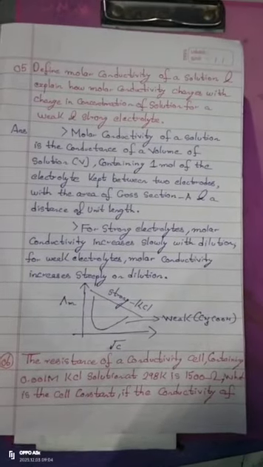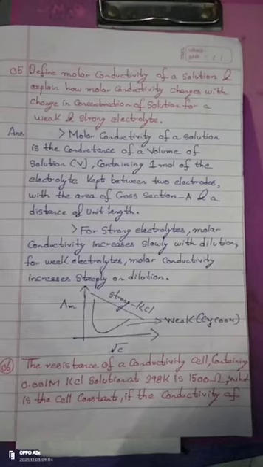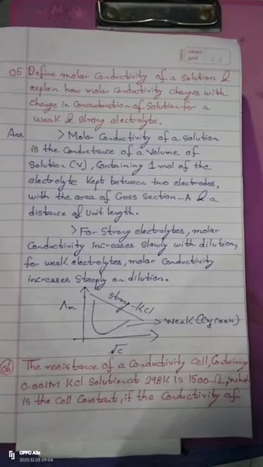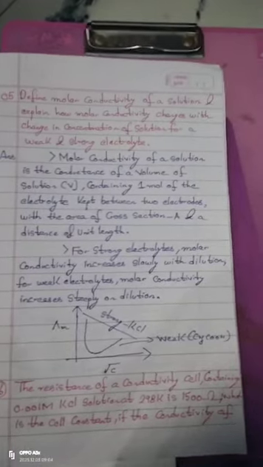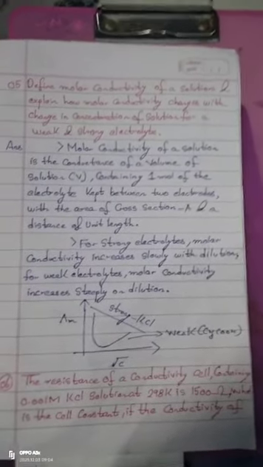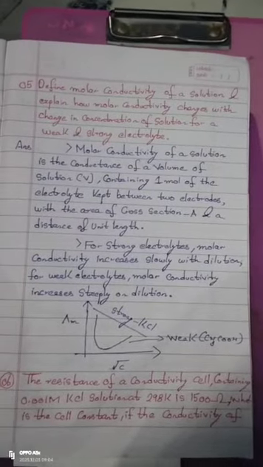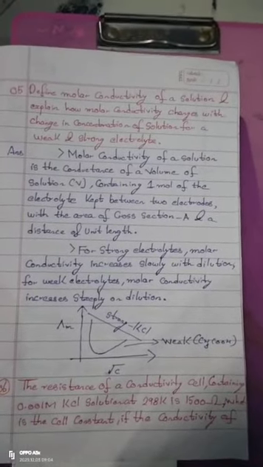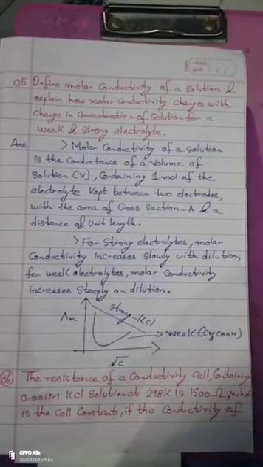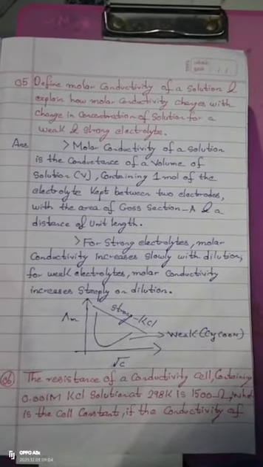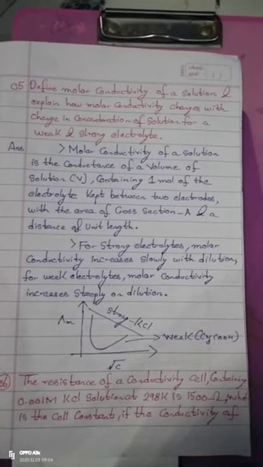Next, question number 6. The resistance of a conductivity cell containing 0.001 molar KCl solution at 298 Kelvin is 1500 ohm.